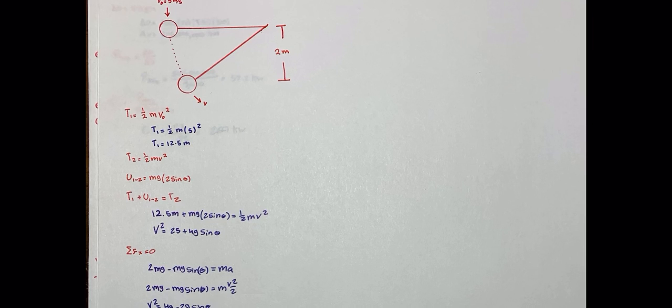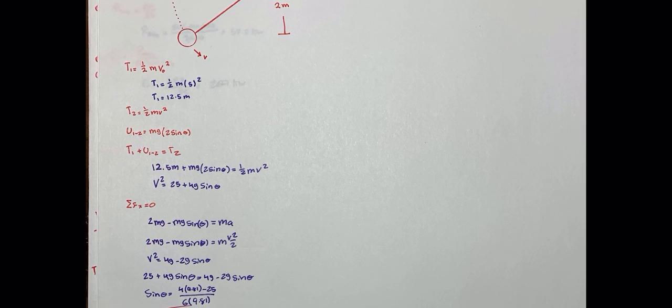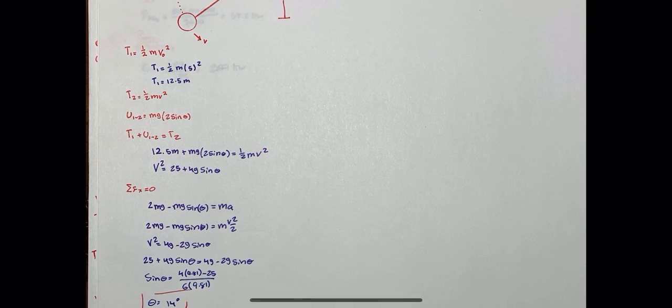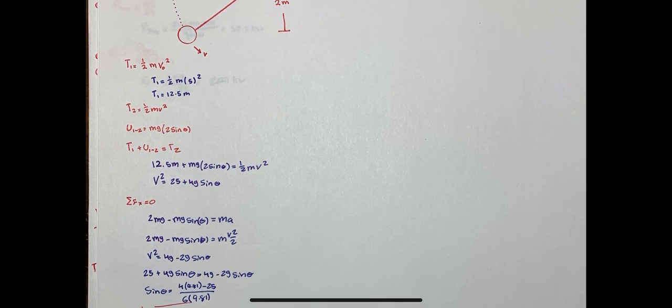So once again, we'll want to find the kinetic energies, 1/2 mv squared. So T1 is 1/2 m times 5 squared. We'll get the kinetic energy is 12.5 m. And T2 is just 1/2 mv squared. We don't know any of those variables yet.